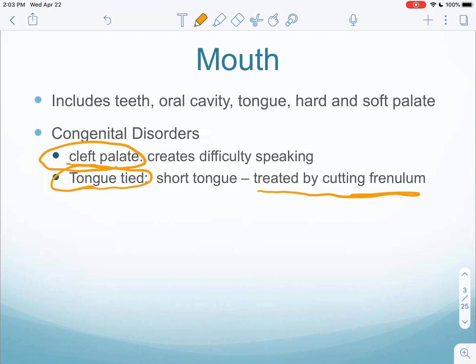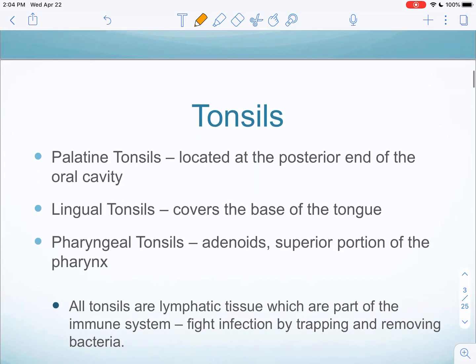The frenulum, if you lift your tongue up, is that little thing in the middle holding the tongue to the floor of the mouth. To extend the tongue out further, you can cut the frenulum, and that can solve the problem of being tongue-tied. Gene Simmons, one of the guitarists and singers of the group Kiss from the 70s, who paint their faces, apparently had his frenulum cut just for that reason. If you Google him, you can see how long his tongue is.